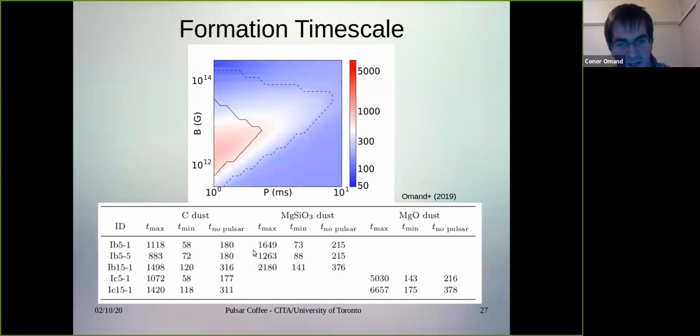For different types of dust, we see that this timescale is increased, a bit longer. I know I'm running out of time, so I'm going to start moving a bit faster. So yeah, for these extremely high magnetic field pulsars, we should be able to see some dust formation, but not for this kind of lower 10 to the 12, 10 to the 13-ish.